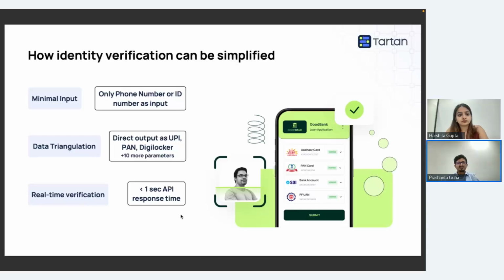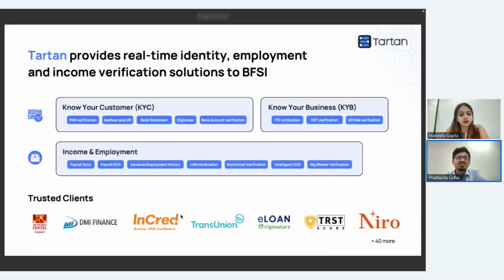So let's move to the next slide. We'll try to understand how Tartan can help in this journey. At the start of the journey, we saw a lot of people drop off because they have to fill in a lot of details. We can provide you a number of different APIs which integrate with tax authorities, with EPFO websites, with different HRMSs, and get the data for you.